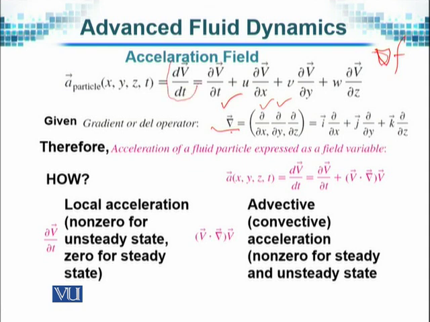The first component, the partial derivative of v with respect to time, is known as local acceleration. dv by dt is acceleration as a whole, but the partial derivative of v with respect to time is defined as local acceleration.